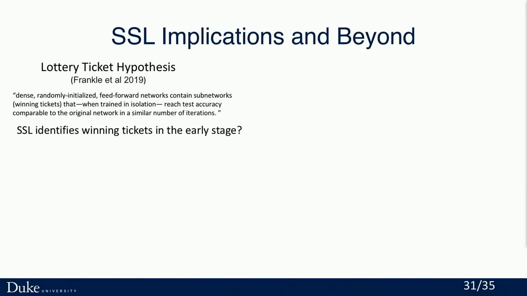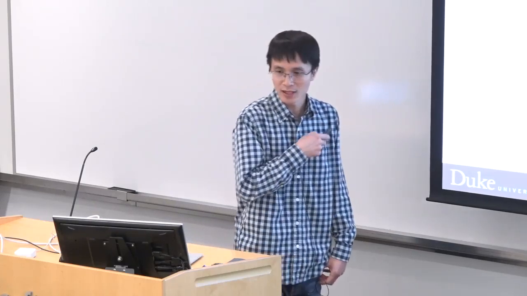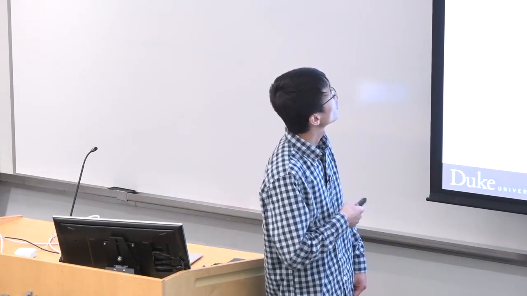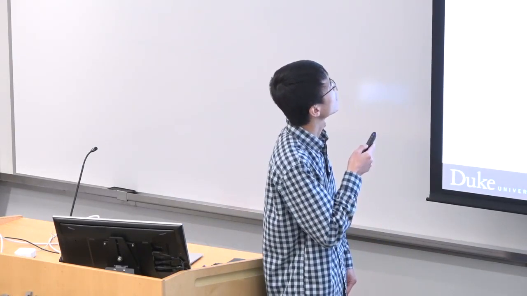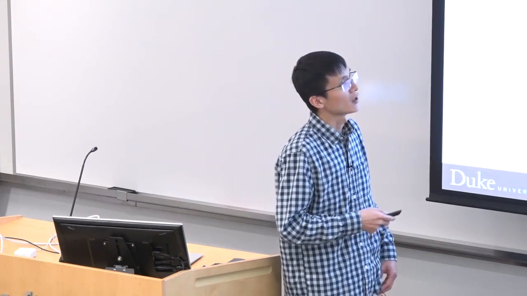So how is my research related to recent research? One related research is on the lottery ticket hypothesis, which is an ICLR paper this year. The lottery ticket hypothesis says that for a dense, randomly initialized feed-forward neural network, there is a sub-network, which is a sparse neural network.